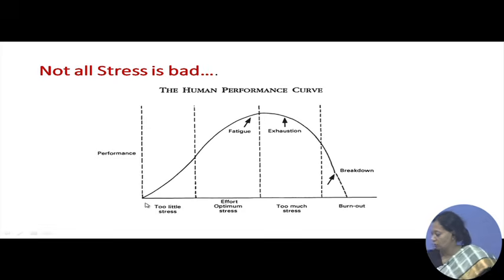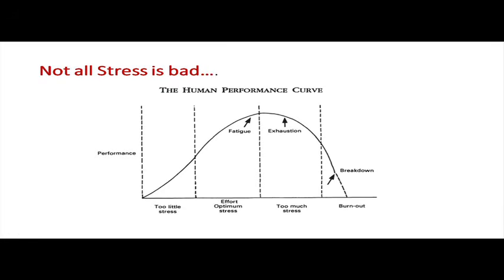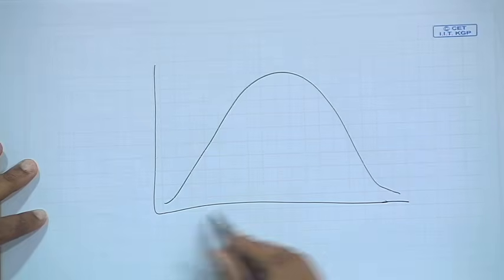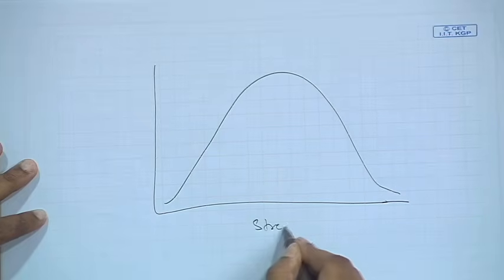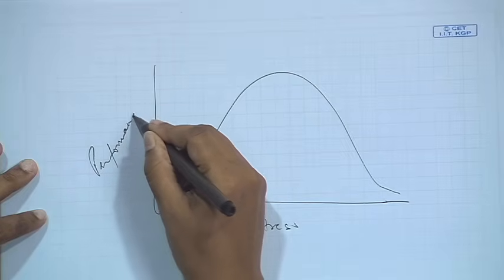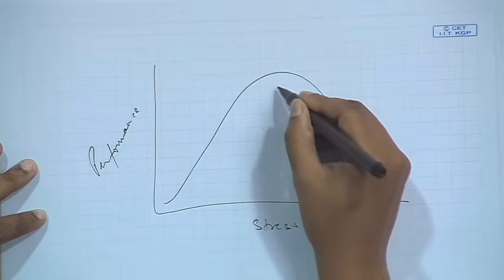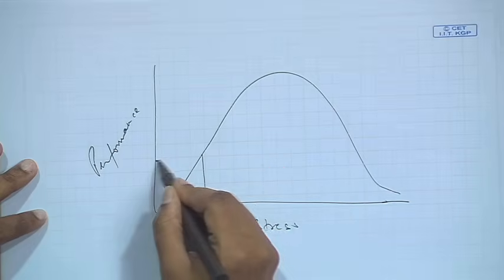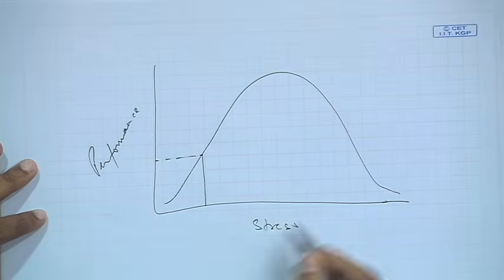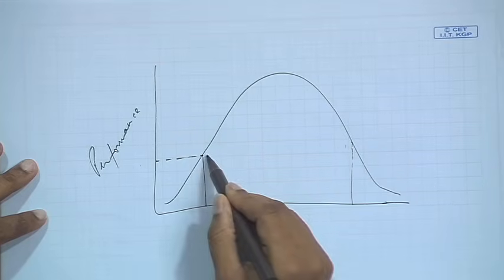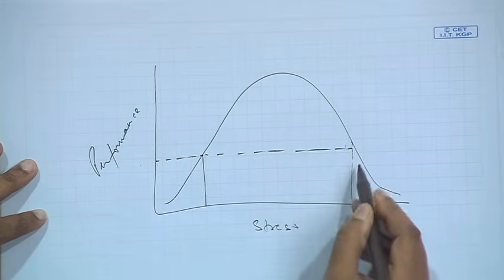So if I just draw it for you, think, if there is too little stress, the performance is low, and if there is too high stress, then also the performance is low.